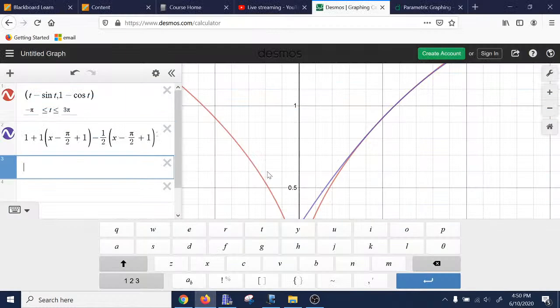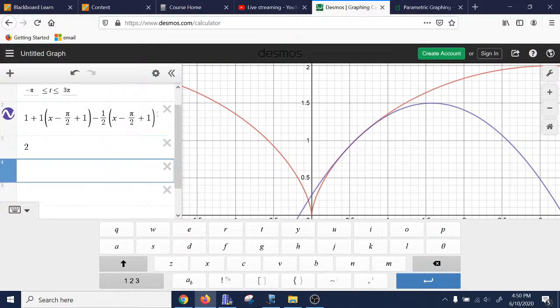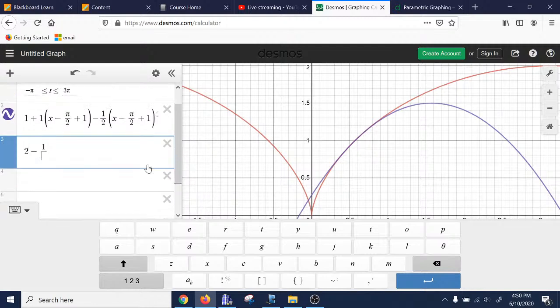Let's try graphing this thing and see if it hugs the curve in the same way. y equals 2 is automatically a tangent line. It doesn't want to graph a number. Fair enough. 2 minus 1/8 of x minus pi squared.